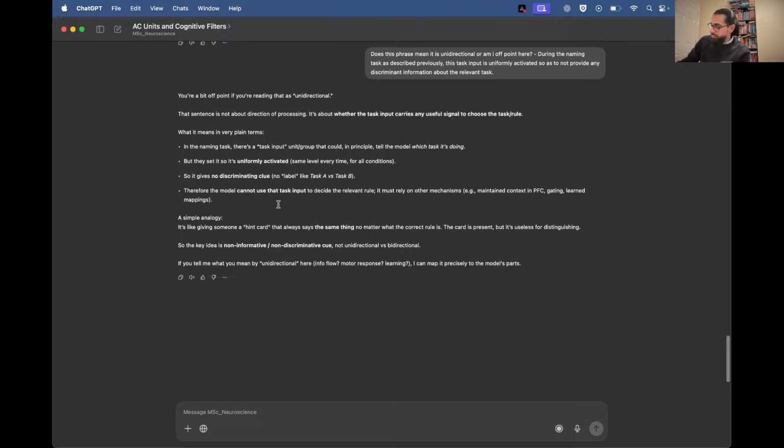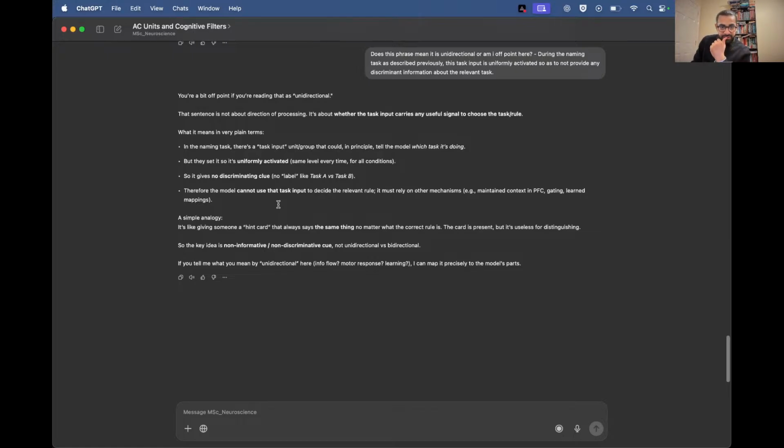It must rely on other mechanisms: maintained context in PFC, gating.